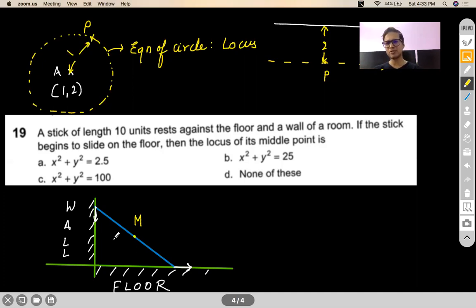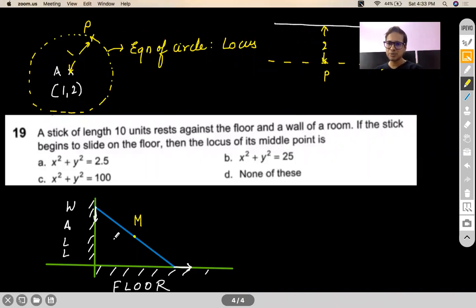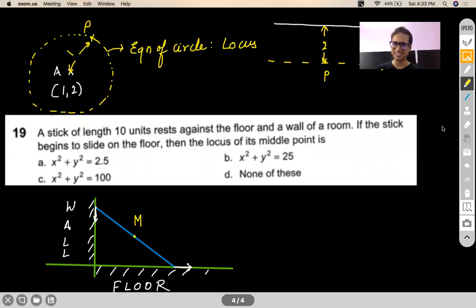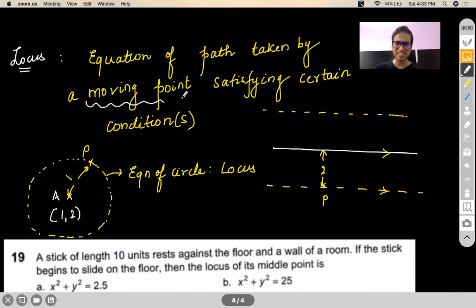You say yes, sir, of course. If the stick is slipping, won't the midpoint change its position? Because the midpoint is changing its position as the stick slips against the wall and the floor, it is a moving point for us, correct?